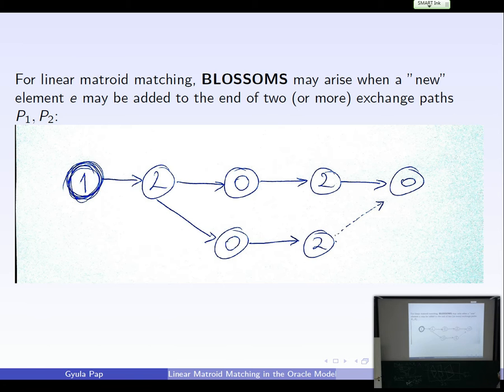For matroid matching, linear matroid matching, if we need to do something a little more, Gabow and Stallmann's approach would do blossoms. A blossom looks like this. We went this far and that far with breadth first search of exchange paths, and then we find that this element has two different ways to reach it by a shortest path in the following level of breadth first search, and then this becomes a blossom.